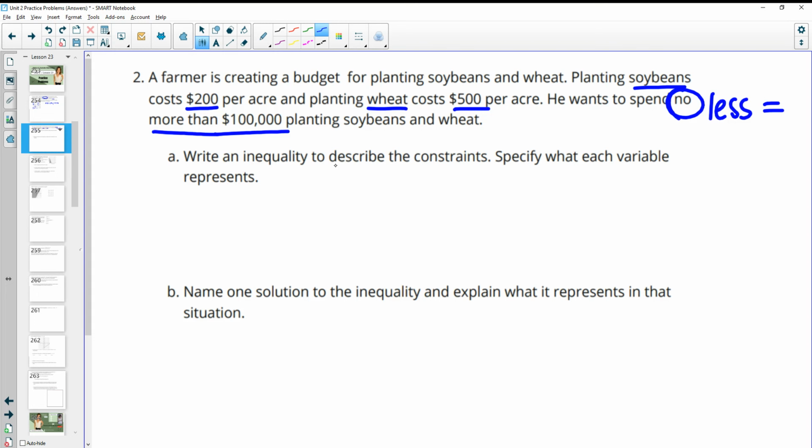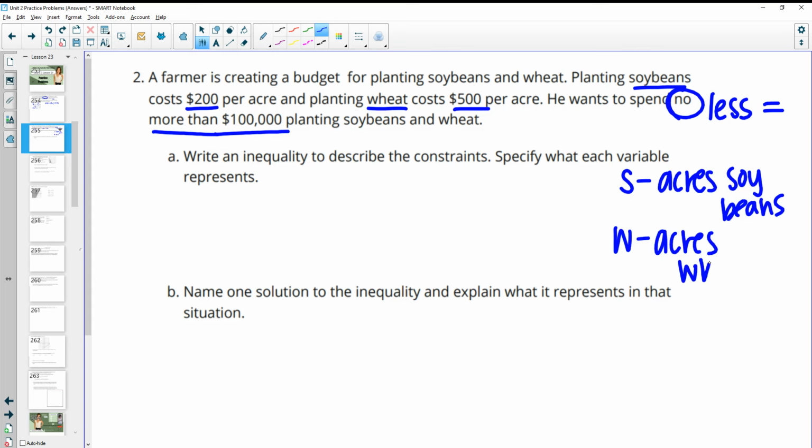So let's write an inequality that describes these constraints, and we want to say what each variable represents. So I'm just going to call S the acres of soybeans. And then the other one we have is wheat. So I'm just going to call that W, and that will be our acres of wheat.